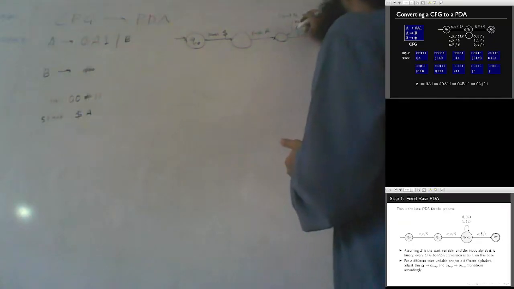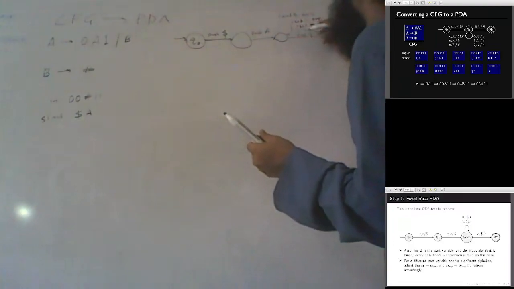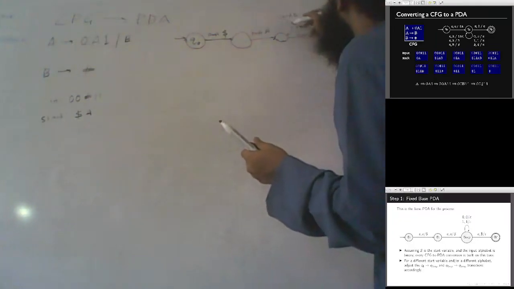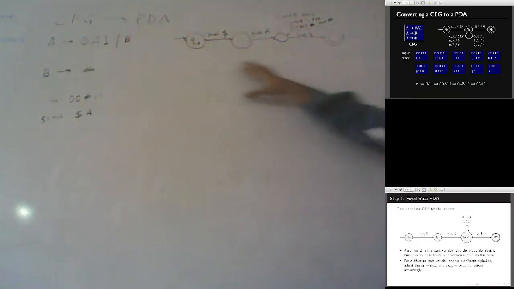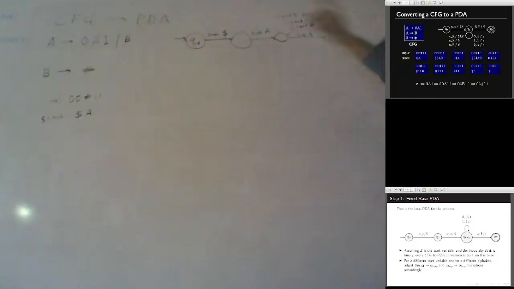Okay, so these are separate. Let me just put some indicator. All of this is for that transition. So this is the base PDA. You're always going to push the bottom, and then you're going to push the start variable. And then you'll try to match all of the terminals.